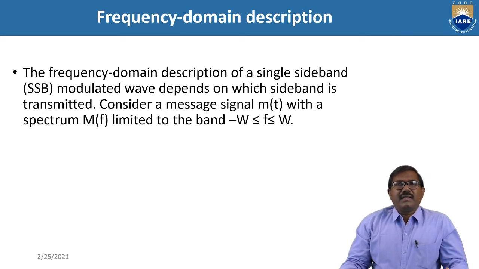Consider a message signal m(t) with a spectrum M(f) limited to the band -W ≤ f ≤ W. That means the bandwidth is -W to W.